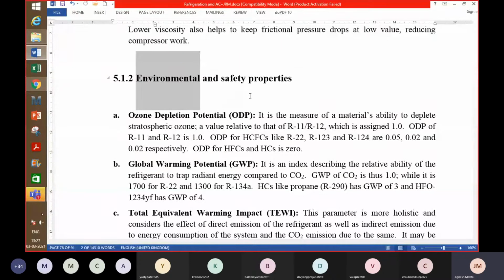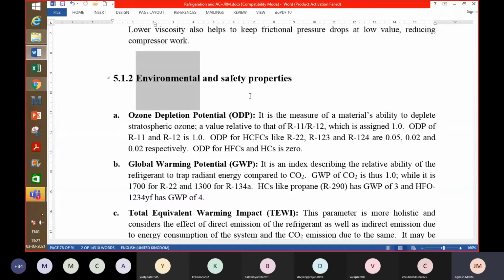So when chlorine is replaced with hydrogen, the effect of ODP is reduced quite a bit. So ODP for HCFCs like R22, R123 and R124: for R22 it is 0.05.